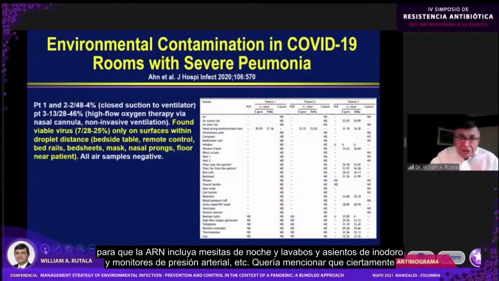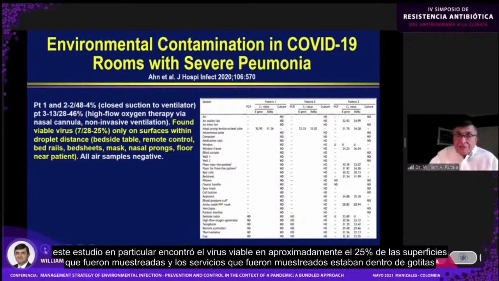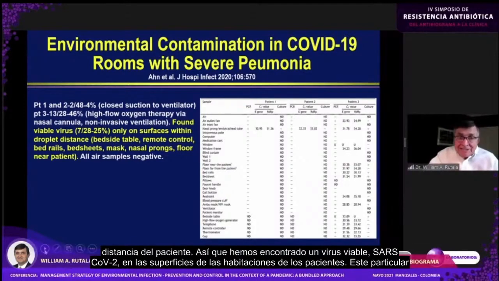I wanted to mention that certainly recently there's been a study which actually has found not only the SARS-CoV-2 RNA, but also viable virus. So this particular study found the viable virus in about 25% of the surfaces that were sampled, and the surfaces that were sampled were within droplet distance of the patient.